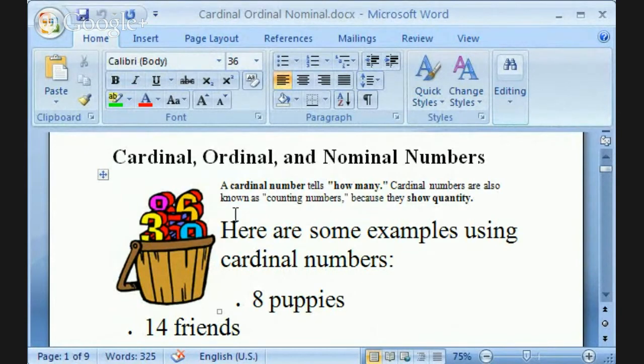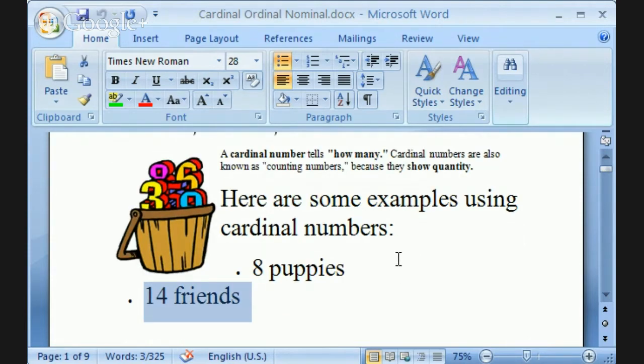Okay, first of all, numbers we're all familiar with using every day are cardinal numbers. How many of something? Very simple. 8 puppies, 14 friends. Obviously, we use cardinal numbers with countable nouns, things that we can count quite clearly.